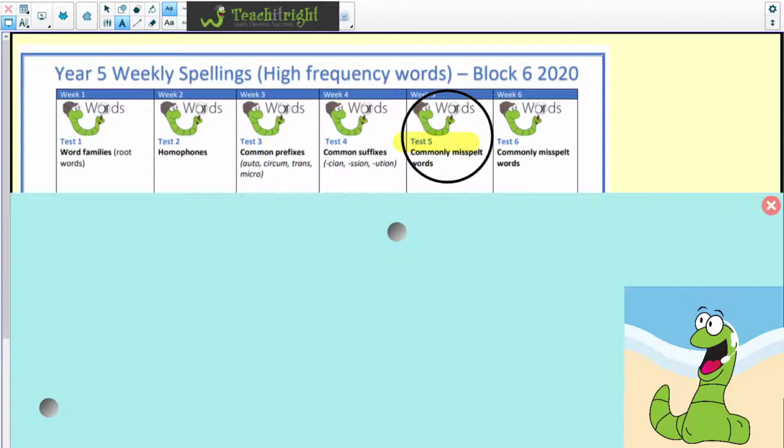Number 3, write the word alcohol. Write the word alcohol. Number 4, although, although. Number 5, analysis. Write the word analysis.